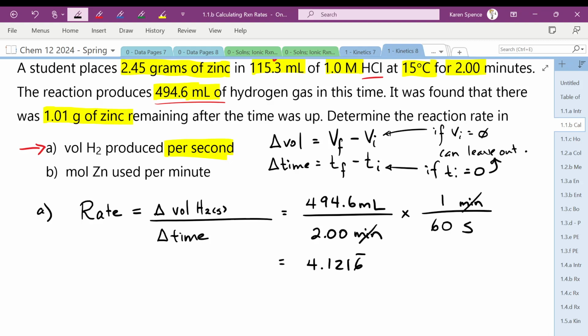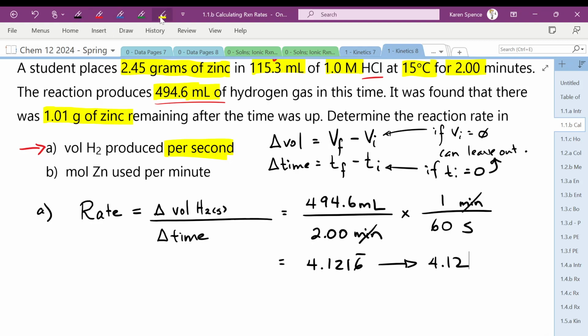Please tell your partner, what do I need to do with that answer to make it good? Sig figs. Okay, so let's do that first. How many sig figs should we have? 3, because remember the 1 minute and the 60 seconds are exact, so we don't worry about them. So it's the 2.00 minutes that limits us. So 4.12 units.